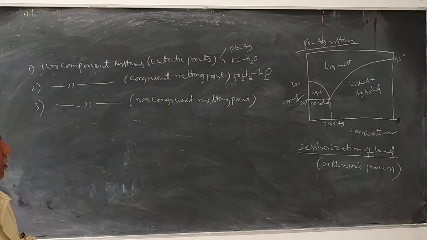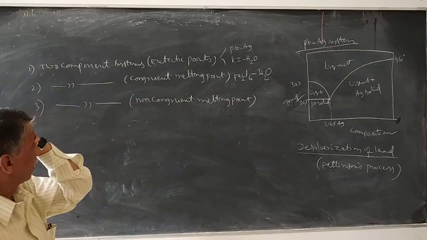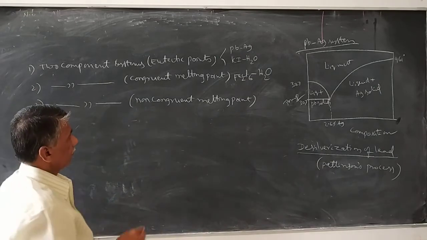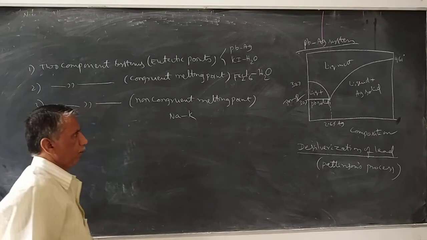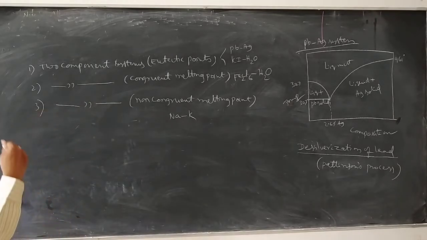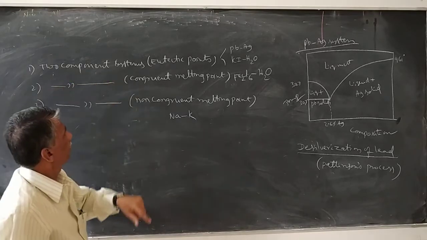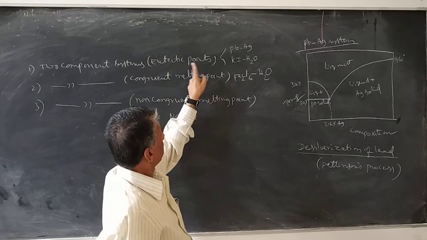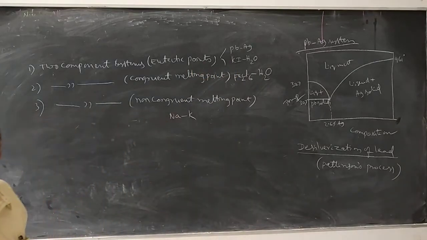And for non-congruent melting points, the example is the sodium potassium system. So we will discuss these one by one. Today, I shall go for the first one, two component systems with eutectic points. In this one, I shall take up first the lead silver system.